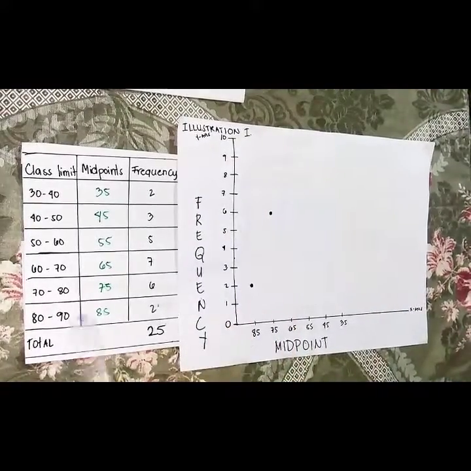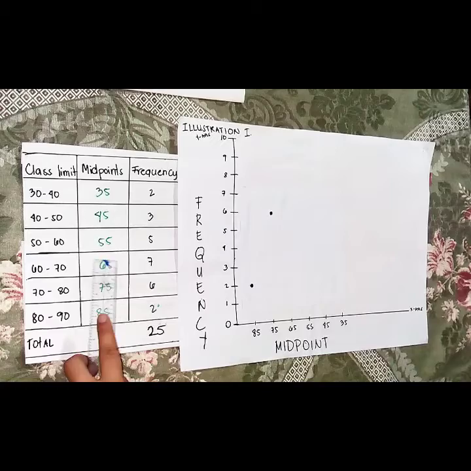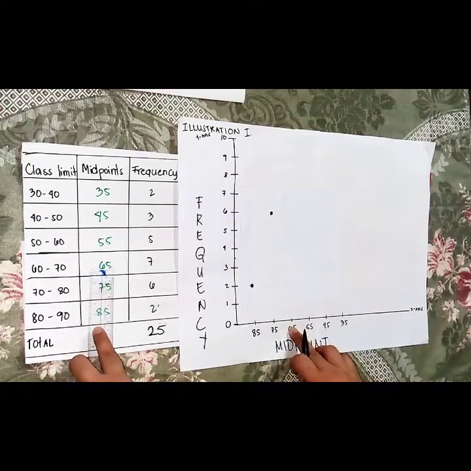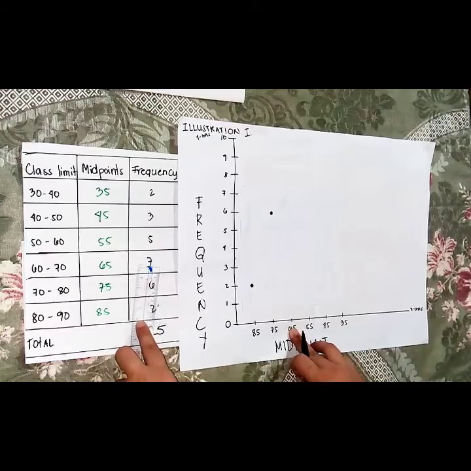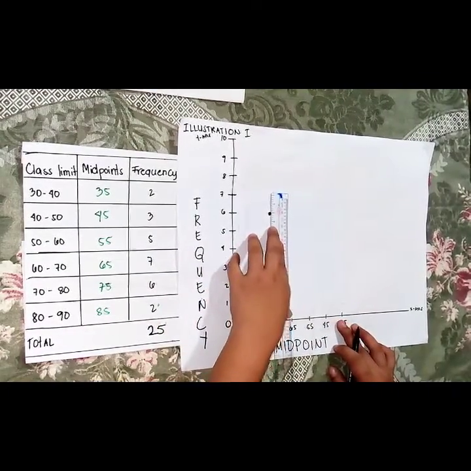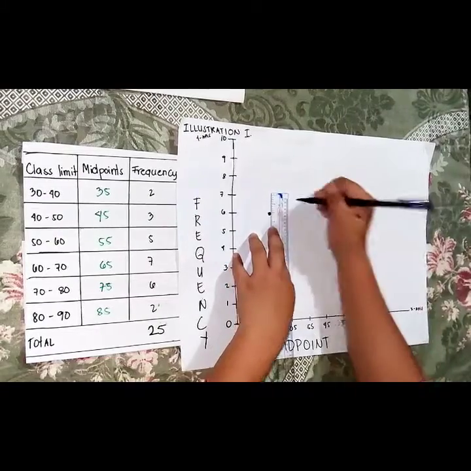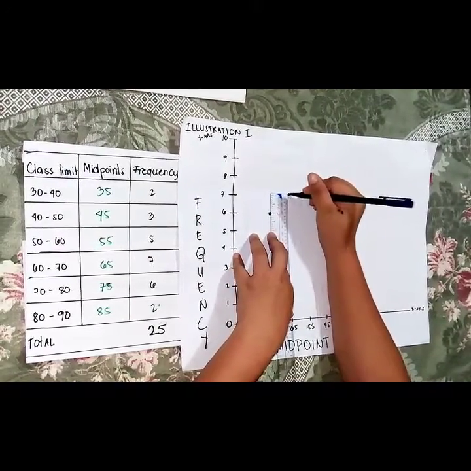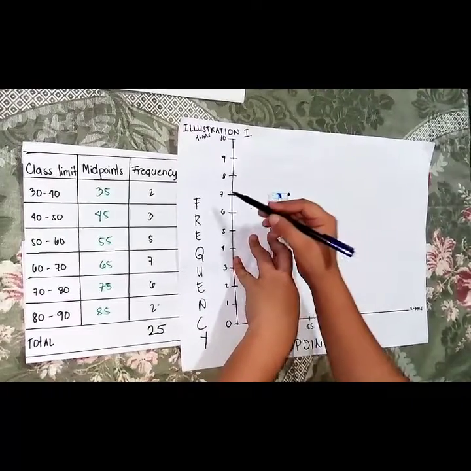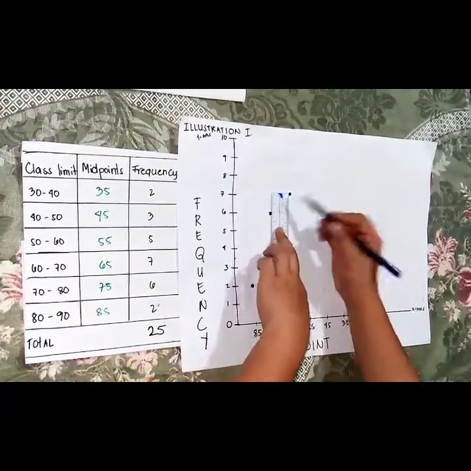And next, in our x-axis, we have 65 with a frequency of 7. So we are going to shade here, and we are going to point the shade at the frequency of 7.